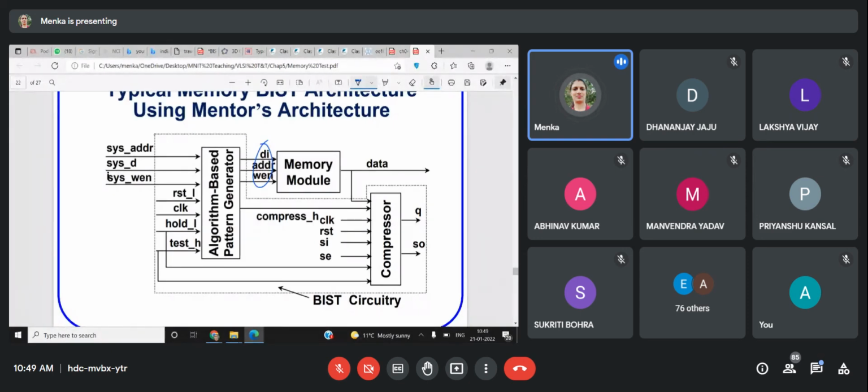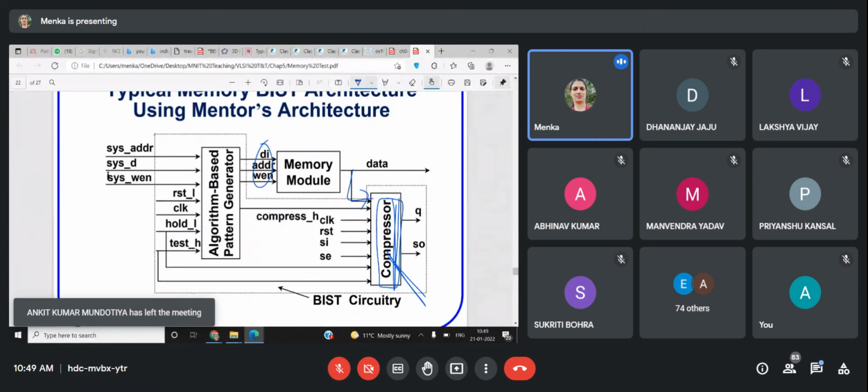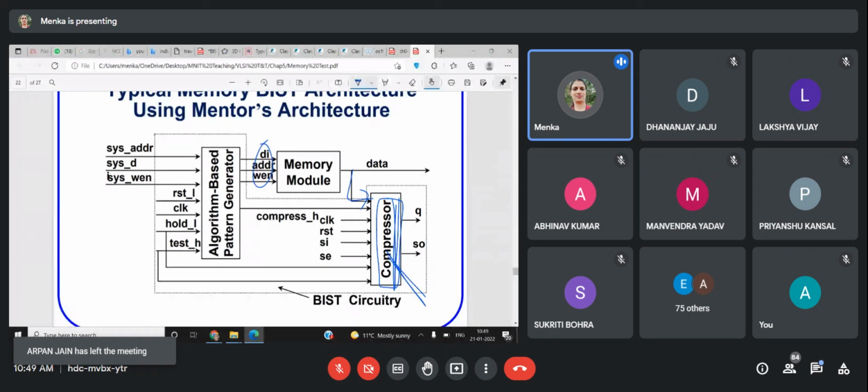Similarly the same thing goes to the compressor, in order to identify whether the test is completely fine or there is some problem. This is equivalent to your ORA, output response analyzer, and the compressor uses compaction and compression techniques like a signature analyzer, parity checking, and counting the number of ones. Any one of the compression techniques can be used, and this is the BIST circuitry.